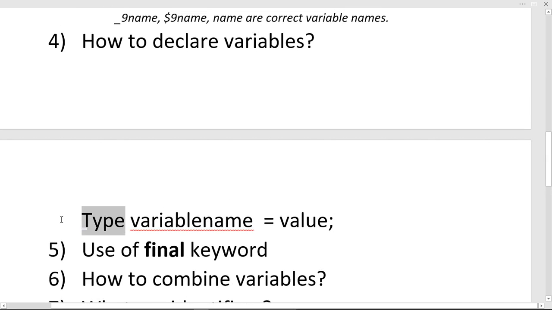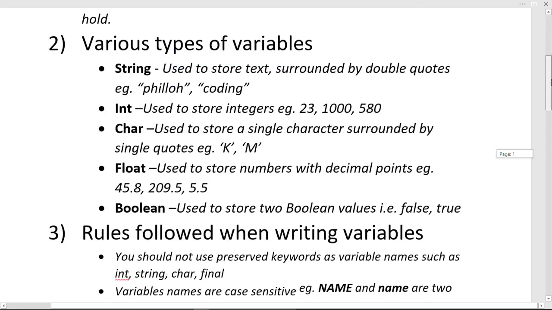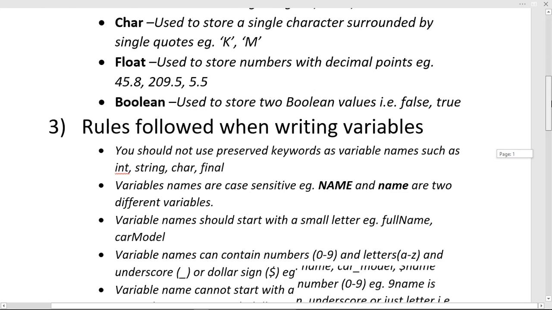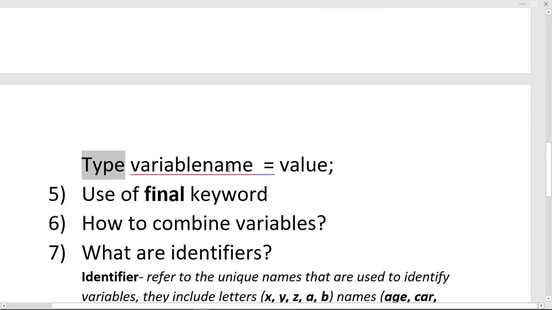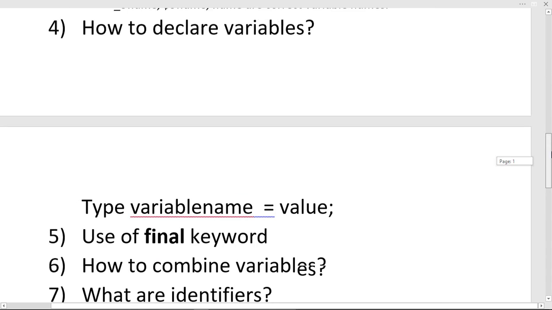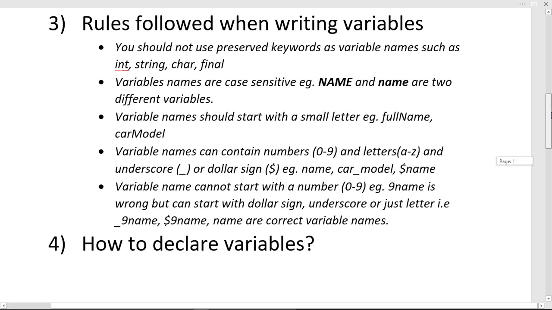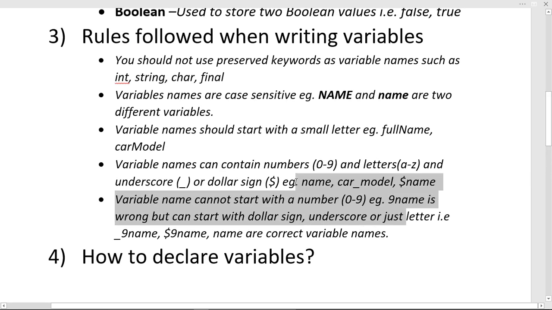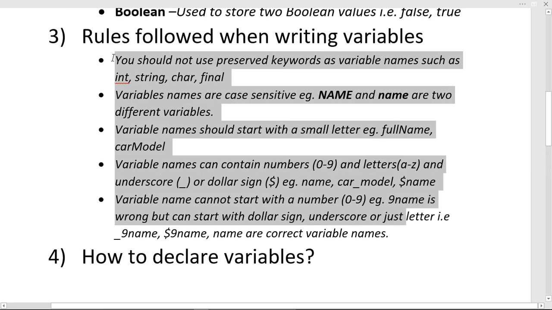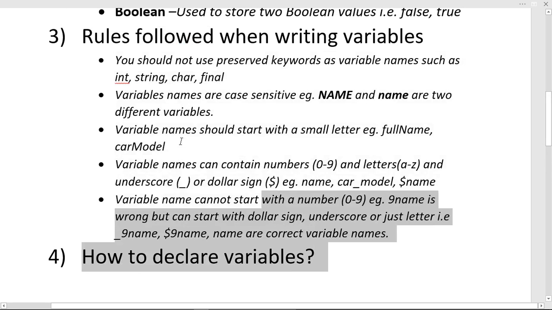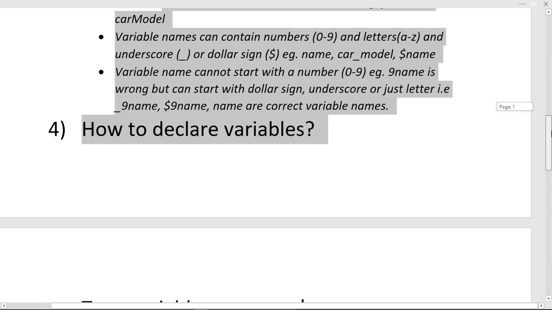So this type is just any data type as we have discussed below, either a string, an int, char, float, or boolean, right? Then the variable names are the names as you have specified them according to your specifications, but you should follow these rules when you write your variable names.